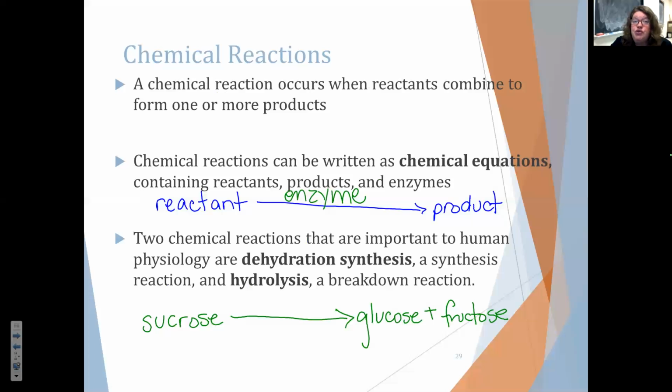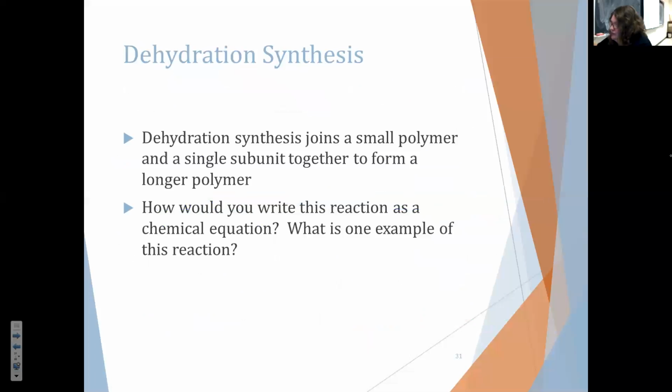So when sucrose is hydrolyzed or broken apart, it's hydrolyzed into glucose and fructose. Now there is an enzyme that catalyzes this reaction, and that enzyme is named sucrase. We're going to talk about that as our example. There's an animation that can be found in the Learning Materials tab that shows how sucrose hydrolysis takes place with the sucrase enzyme.